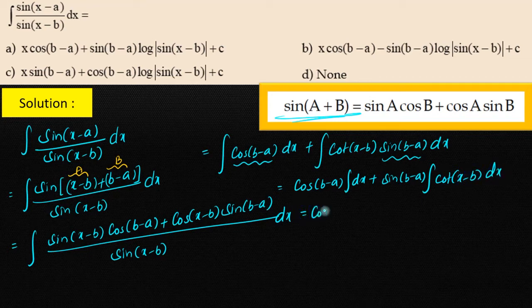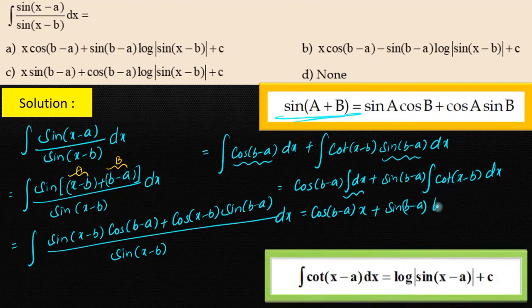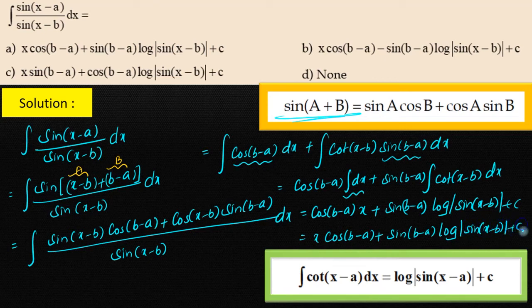This equals cos(b − a) into the integration of dx, which is x, plus sin(b − a) into the integration of cot(x − b), which is log|sin(x − b)| plus C. This equals x cos(b − a) plus sin(b − a) log|sin(x − b)| plus C. Therefore, the answer is option A.